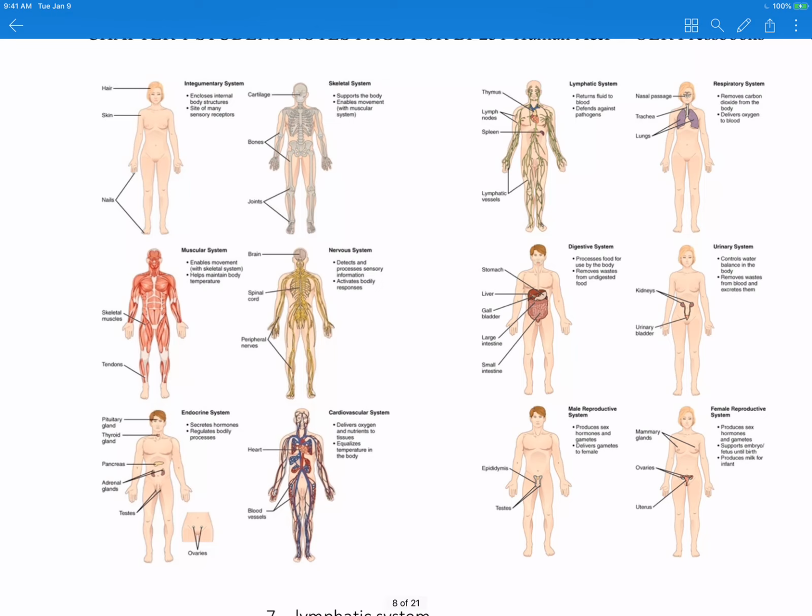The endocrine system. The endocrine system includes glands that secrete hormones, and the glands are ductless. They don't have a duct. They just release their product into the blood. The functions of the endocrine system are that they also regulate homeostasis, much like the nervous system.